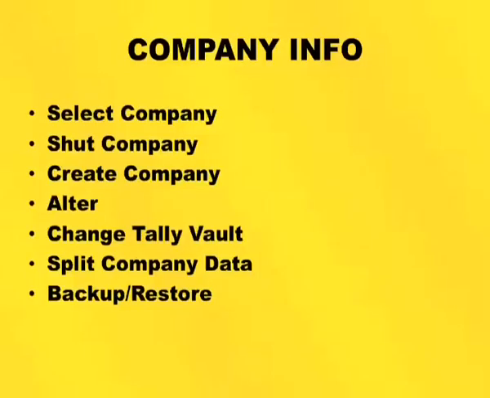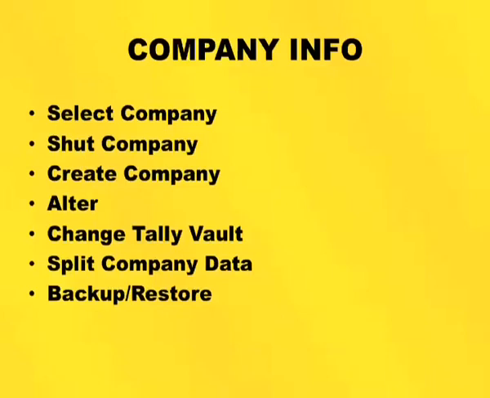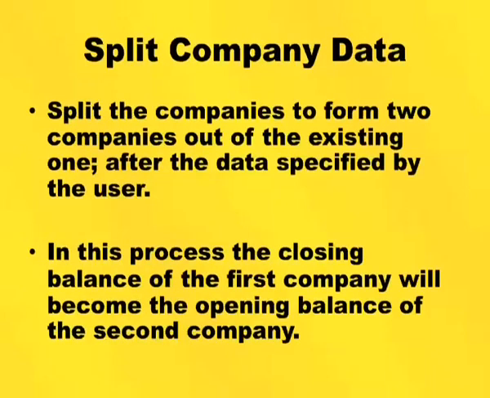Next is change Tally vault, to change the password given earlier at the time of creating the company. Next is split company data. Split the companies to form two companies out of the existing one after the date is specified by the user. In this process, the closing balance of the first company will become the opening balance of the second company.